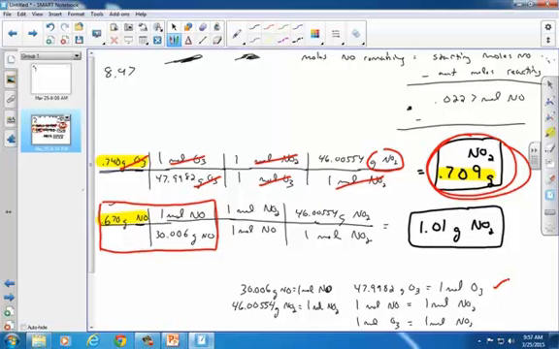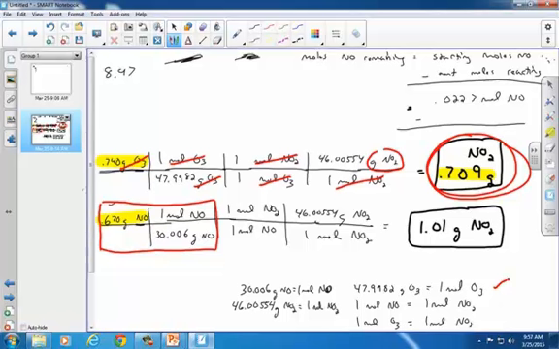It's going to be limited by how much NO the ozone can actually take with it when the ozone reacts, right? So I figured out the ozone was my limiting reactant. So what I'm asking here is, when this ozone completely reacts, how much of the other excess reactant is it actually going to take with it?